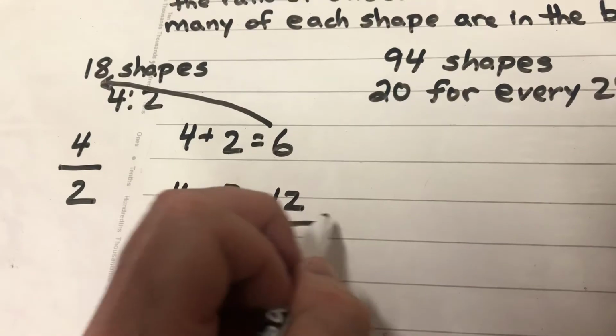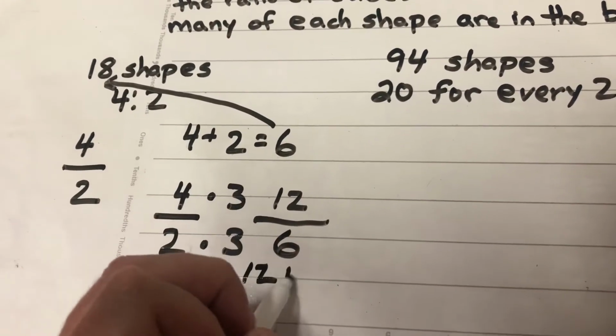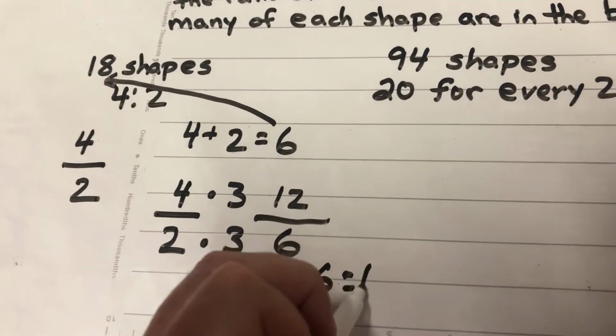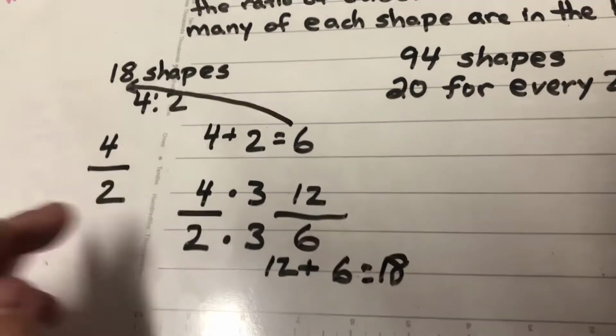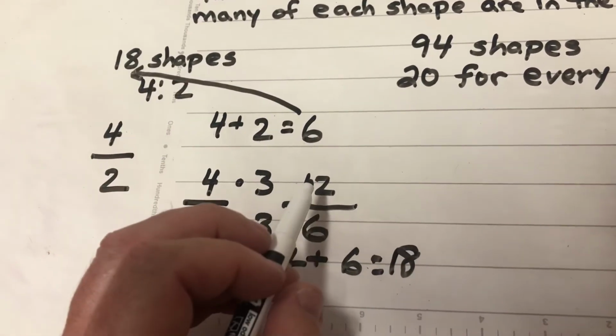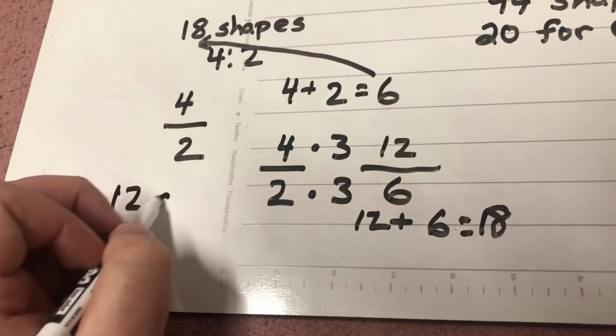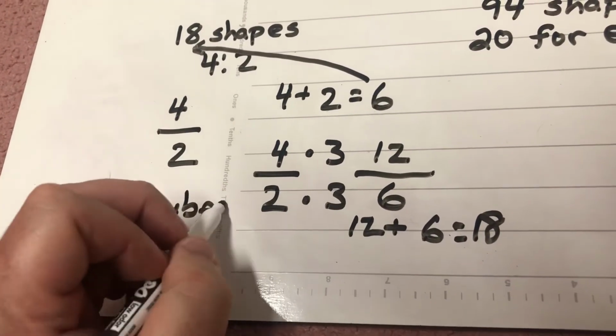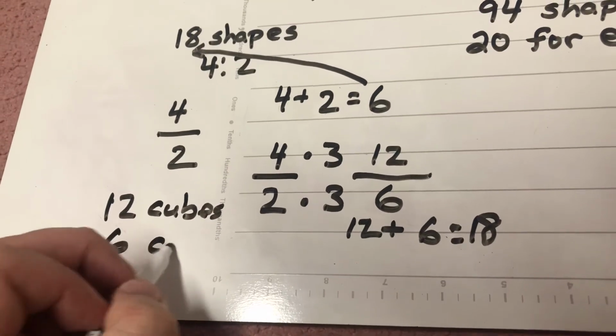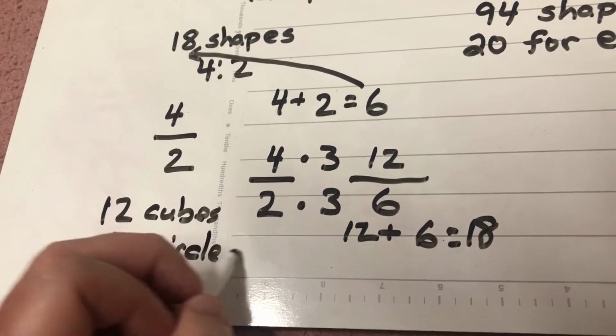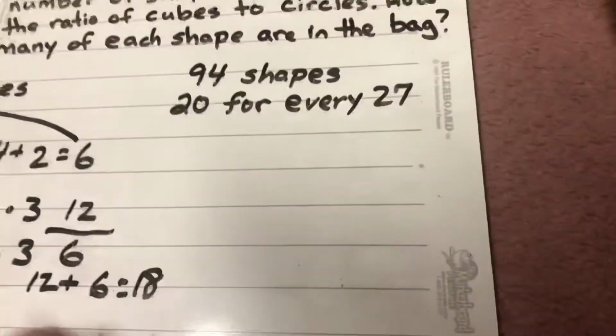And if I add 12 plus 6, I see that that gives me 18. So if there's 18 shapes in the bag, that tells me that there's a total of 12 cubes and 6 circles. Let's look at another one.